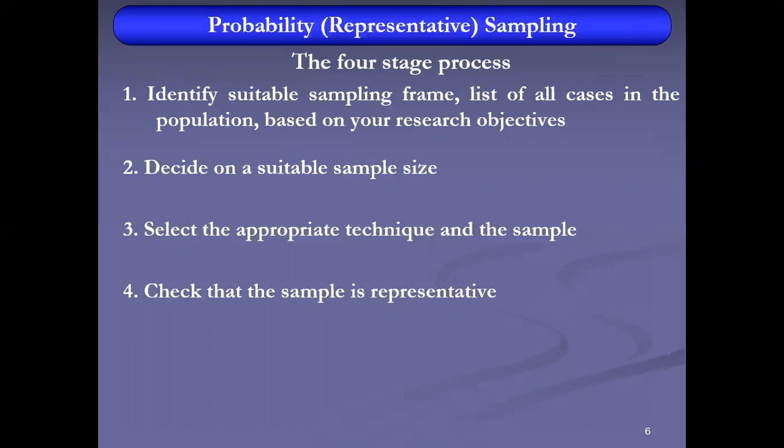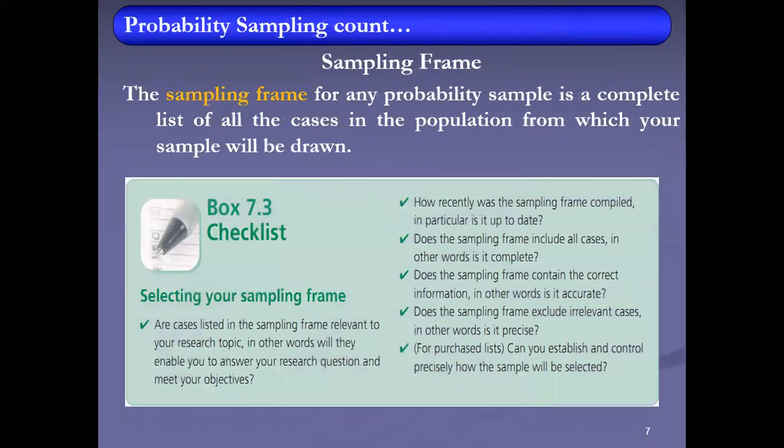Then we need to select the appropriate technique in probability sampling, maybe simple random sampling, systematic sampling, or multi-stage sampling. It depends. Number four is to check that the sample is representative. We have to check that the sample we have selected is representative of the whole population.